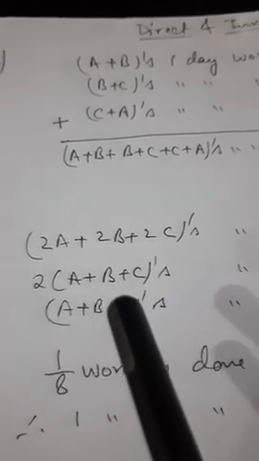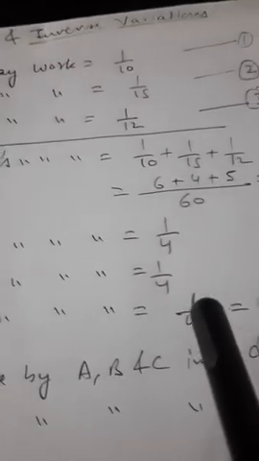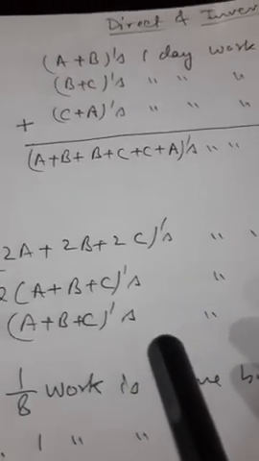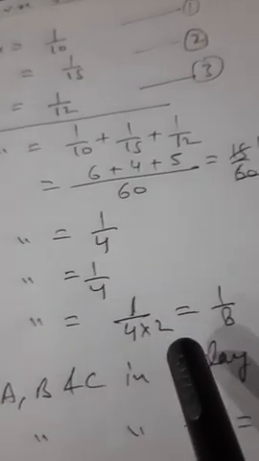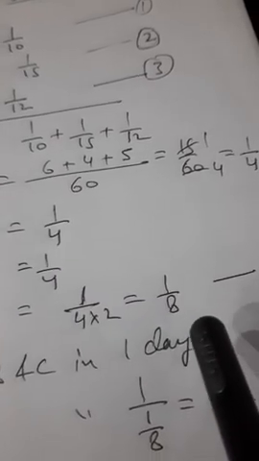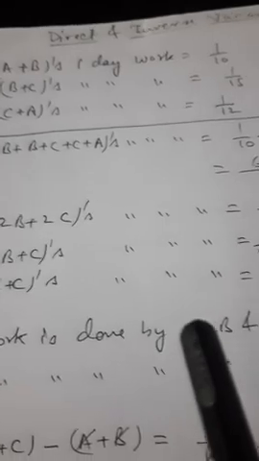So twice A plus B plus C's 1 day work is 1 by 4. And therefore A plus B plus C's 1 day work, when we shift this 2 to the other side, it will divide. So it is 1 upon 4 divided by 2, that is 1 upon 8. So that means A plus B plus C's 1 day work has come 1 upon 8.